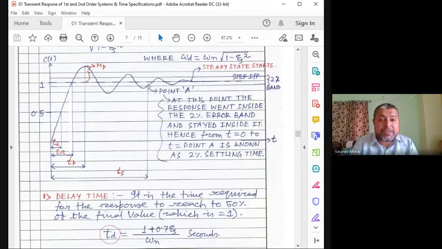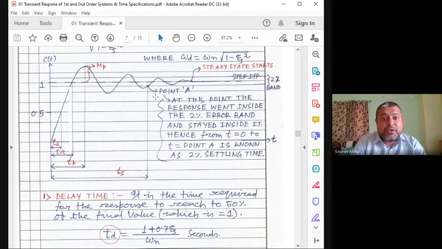If I say 2% error band, what does that mean? This is 0.98 and this is 1.02. 2% of 1 is 0.02, so 1 plus or minus 0.02 is the 2% error band. The 5% error band is 1 plus or minus 0.05.